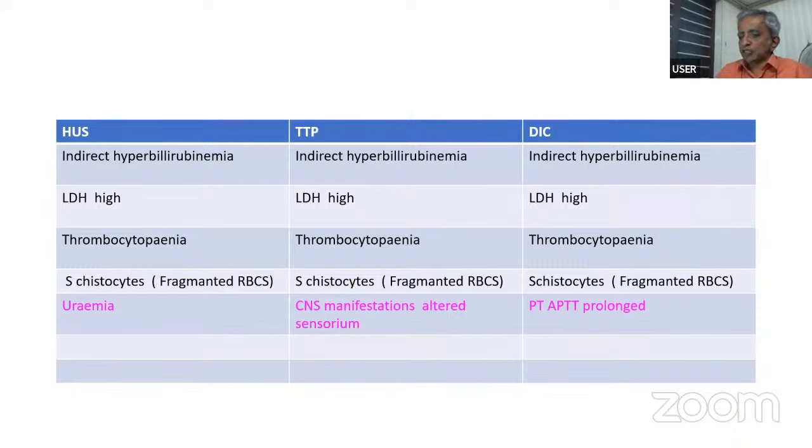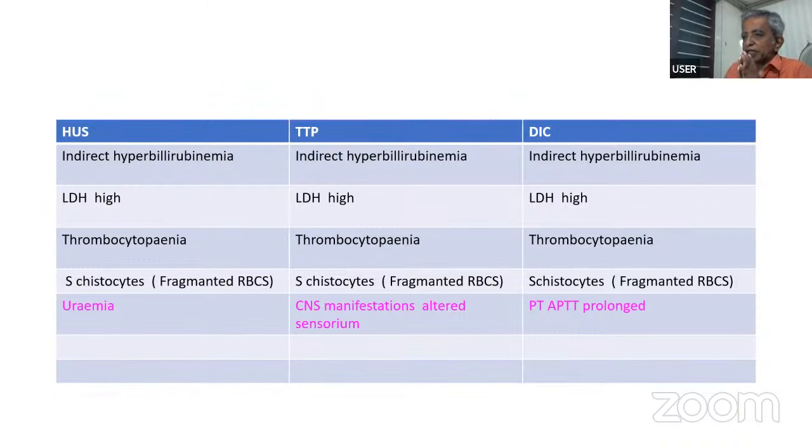If uremia is present, it is in favor of hemolytic uremic syndrome. If there is CNS manifestation with altered sensorium, and focal deficits do not usually happen, though there can be convulsion, it is TTP. Focal deficits do not occur because the microvasculature is affected, so hemiplegia and other things do not happen.